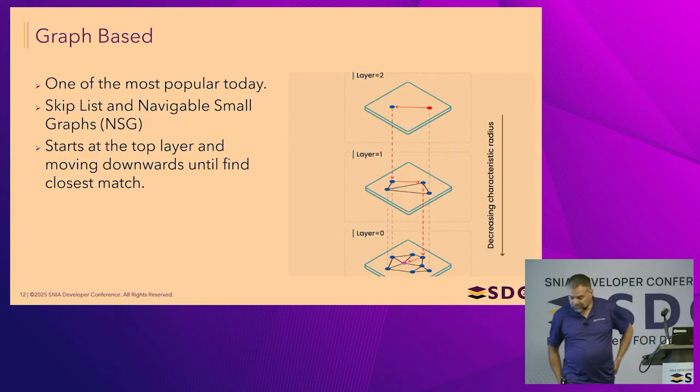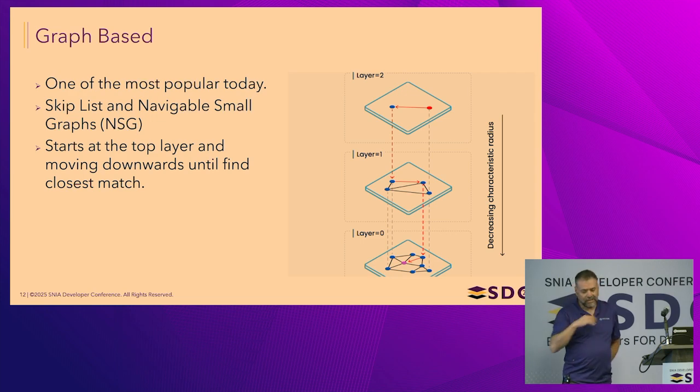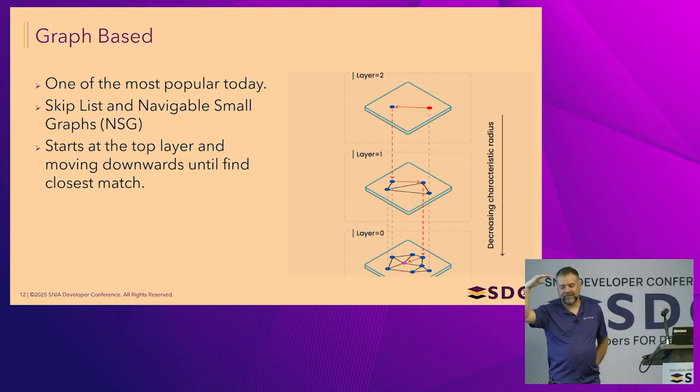Another very common indexing technique is graph-based. If you hear HNSW, it is a graph-based technique. Instead of clusters, they use small worlds, which is basically: we start with a top layer point, a random point in the vector space, and we start creating small connected worlds.